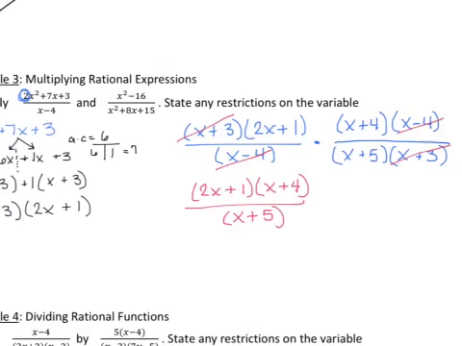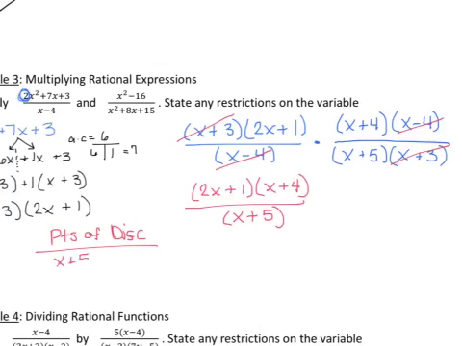All right, what else do we still have to do? Yeah, the restrictions, the points of discontinuity. So what do we set equal to 0? Let's just set each factor of the denominator.